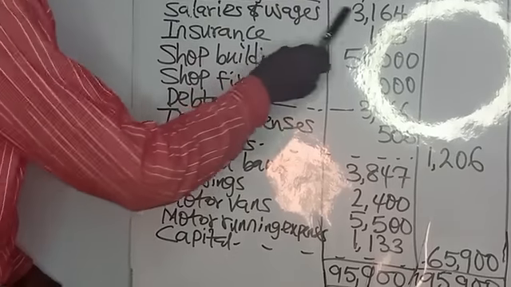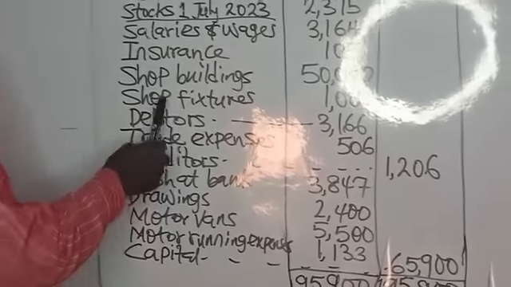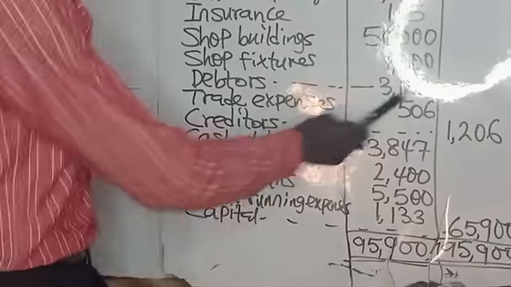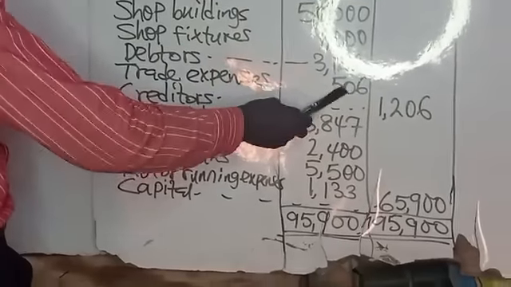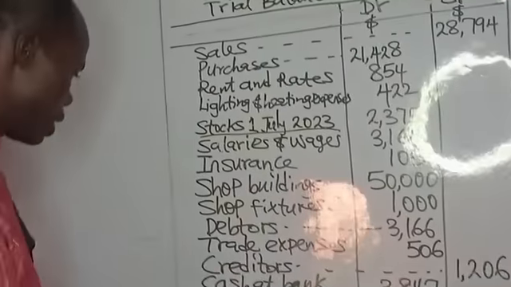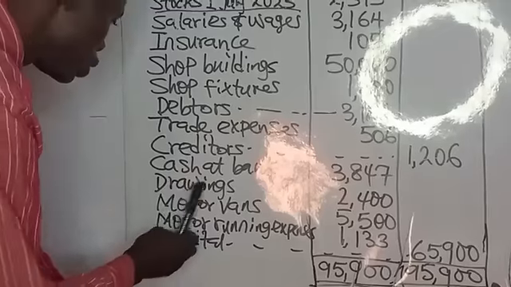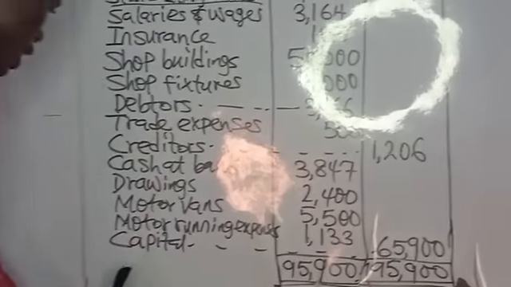Salaries and wages 3,164. Insurance 105. Shop buildings 50,000. Shop fixtures 1,000. Debtors 3,166. Trade expenses 506. Creditors 1,206. Cash at bank 3,847. Drawings 2,400.